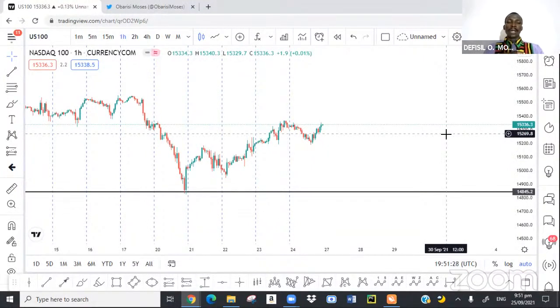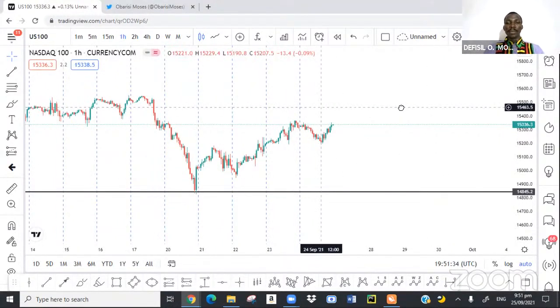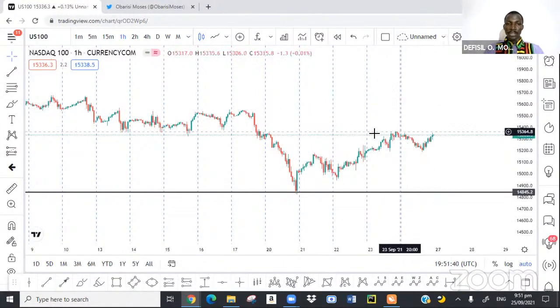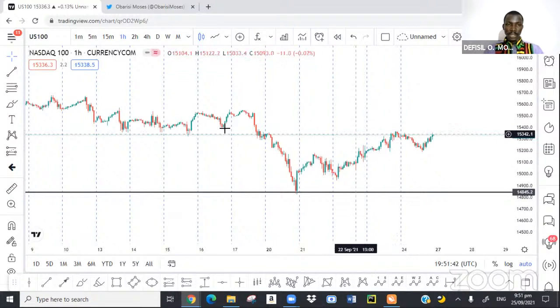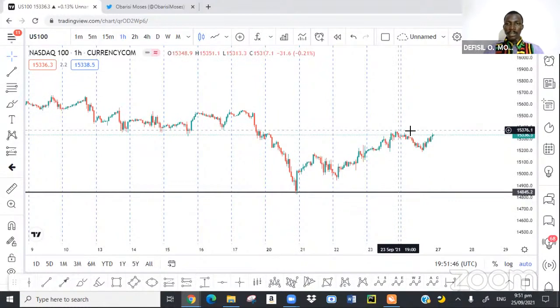So tomorrow when the market opens, we should be looking for a good buying opportunity on this market. However, let's be careful of this region. Let's look for a breaking of this region upward before we enter for our buy.